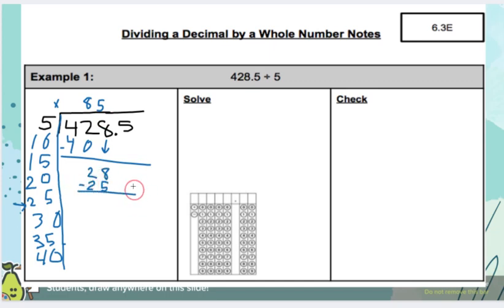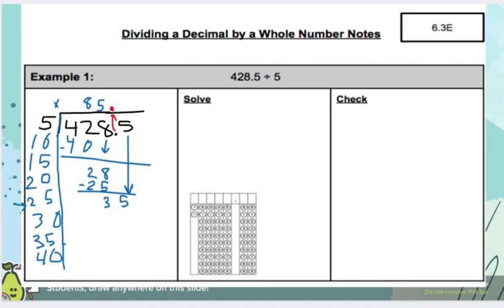I subtract. I need to bring down my 5, okay? 8 minus 5 is just 3. 2 minus 2 is 0, okay? Because I reached right here, one thing that I forgot to mention at first, we always need to bring our decimal up, okay? So make sure to bring your decimal up and rewrite it right here.